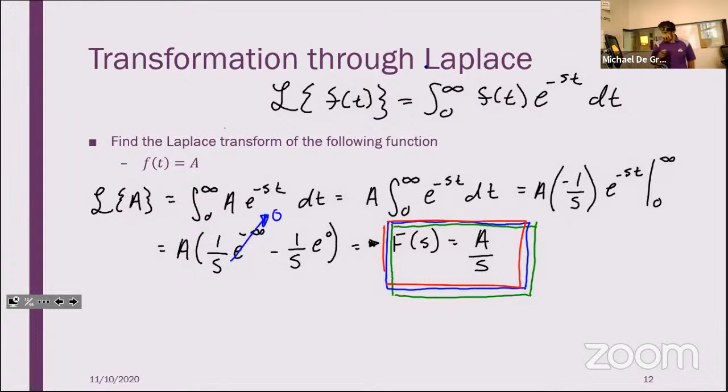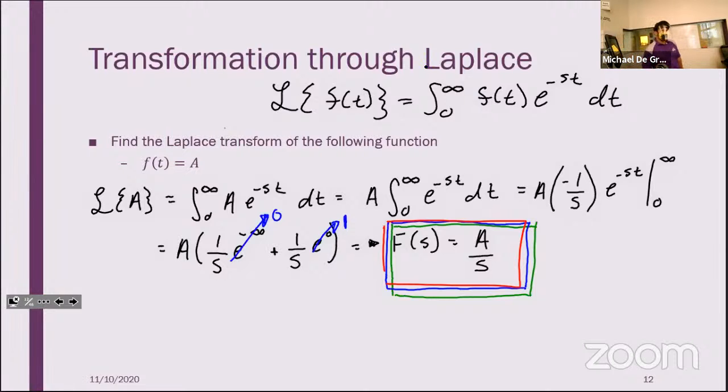And so we're left with negative 1 over s times e to the zero. E to the zero is just one. Did I not put a negative sign? I didn't carry a negative sign here. This should be positive, right?